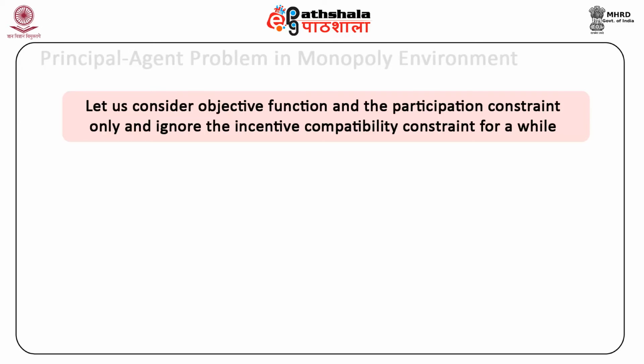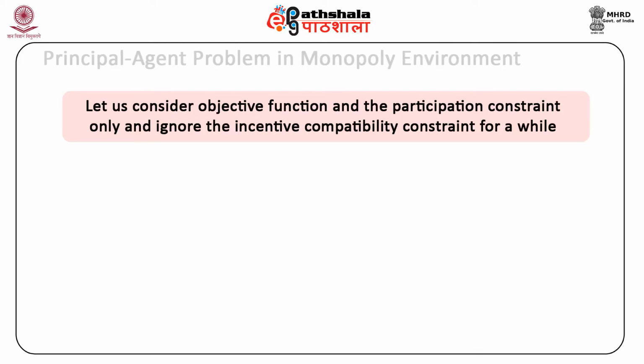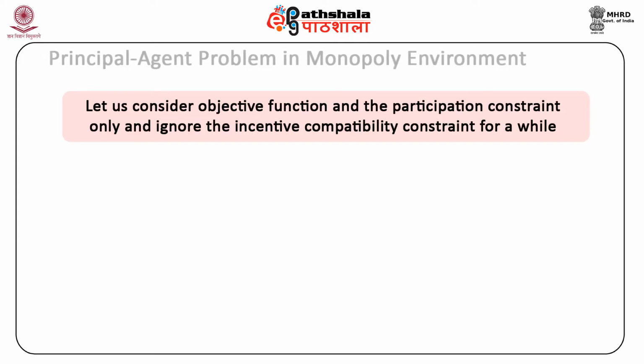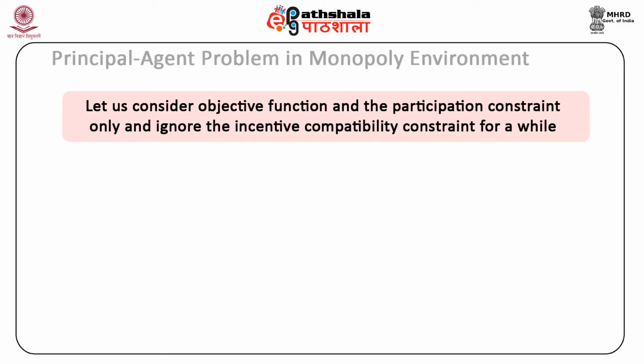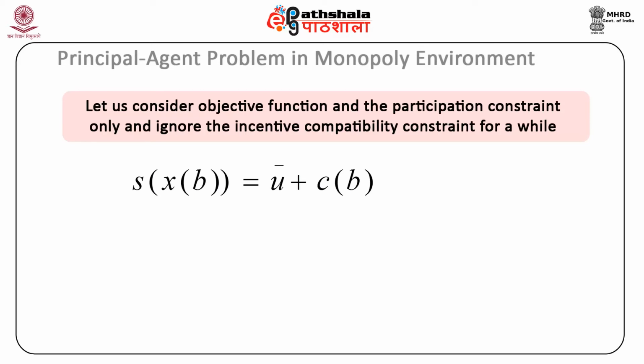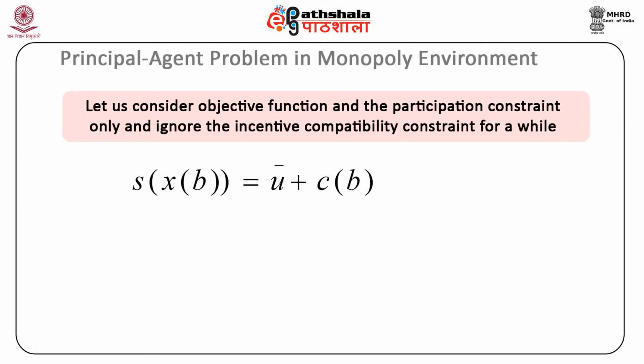Then S(x) must be as small as possible for any x which the principal wants. This is as per the participation constraint of condition 6. Payment to the agent must at least be equal to the cost of the action plus the reservation utility of the agent. We can write this mathematically as S(x(B)) equals U bar plus C(B).